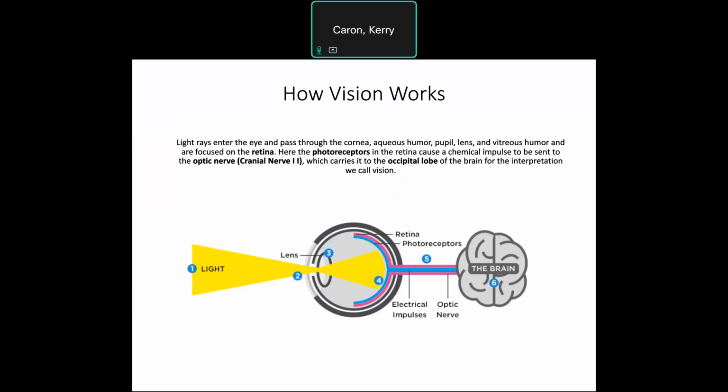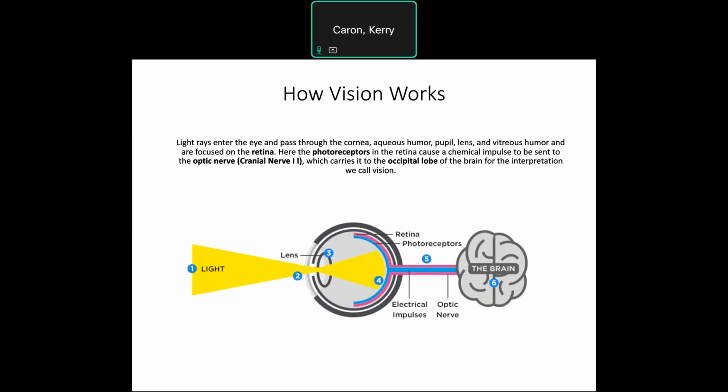So again, let's put this together. We have light rays. Light rays pass through the cornea, which is the transparent part contained on the sclera. It goes through the aqueous humor, that front fluid, then the pupil. The pupil may change size by the ciliary muscles. Also, the lens may accommodate, and ultimately it goes through the vitreous humor in the center of the eye and gets focused, number 4, on the retina.